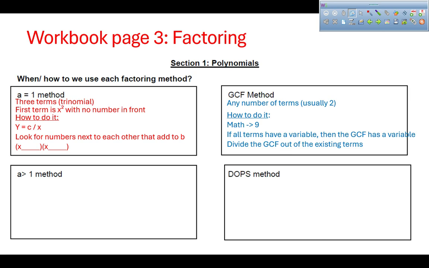And in terms of our variables, we got to look at, do all of the terms have an x? Well, then the GCF has an x. Does one term have an x and the other one doesn't? Then the GCF doesn't. Okay, they all have to have an x. Once you figure out what the number and variable GCF is, you can divide it out from all of the existing terms. It's like the opposite of distributing in. GCF is dividing out.